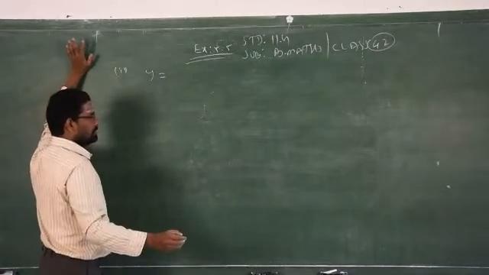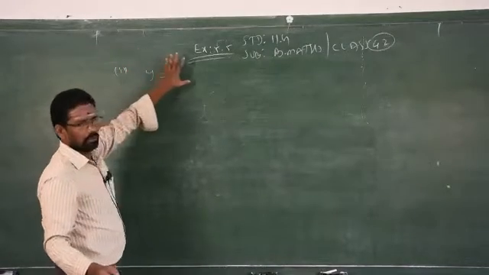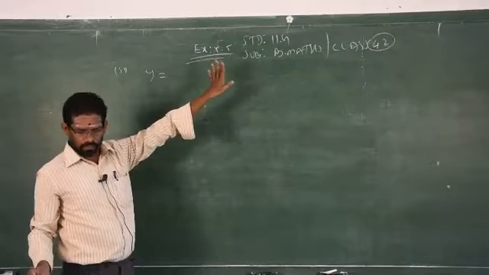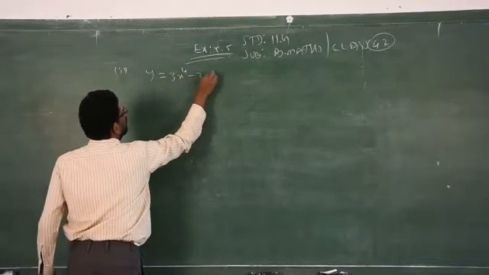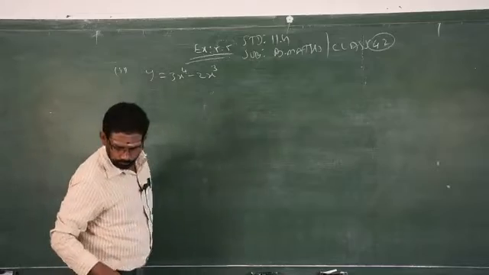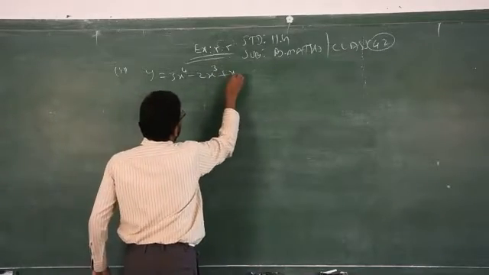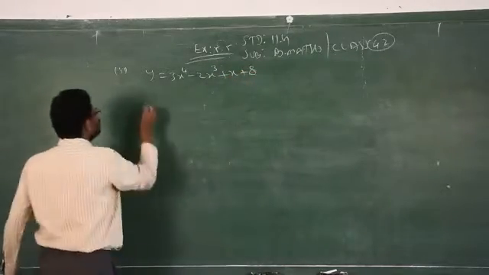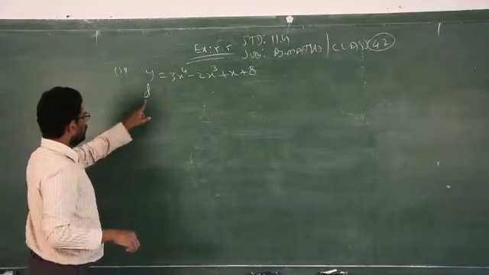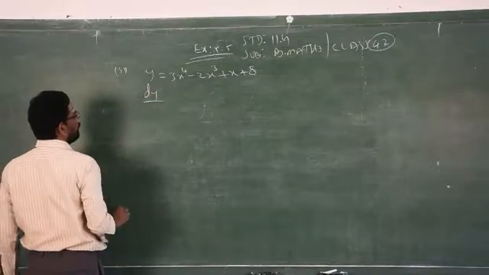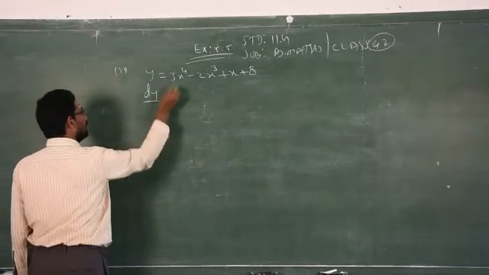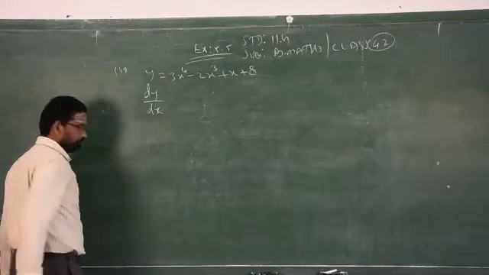But normally, universally, we will take y is equal to, you consider always the given function as y. y is equal to 3x power 4 minus 2x power 3 plus x plus 8. Differentiate. The D stands for differentiate the variable y with respect to which variable? X variable. That is very important.